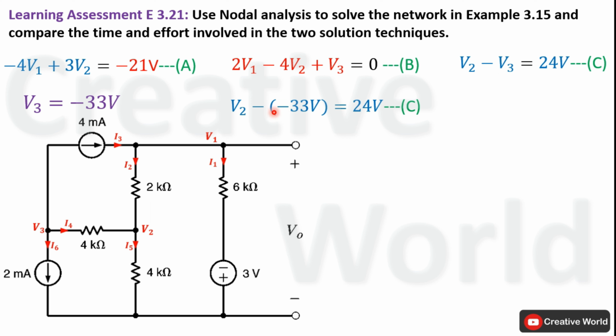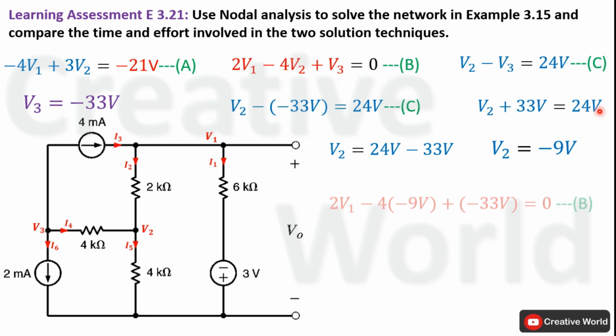Now open this bracket, it will multiply the minus outside of the bracket, both minus will become plus. The equation will become V2 plus 33 volt equal to 24 volt. Now place 33 volt on the other hand side of equal to calculate the value of V2, that will become minus 9 volt.